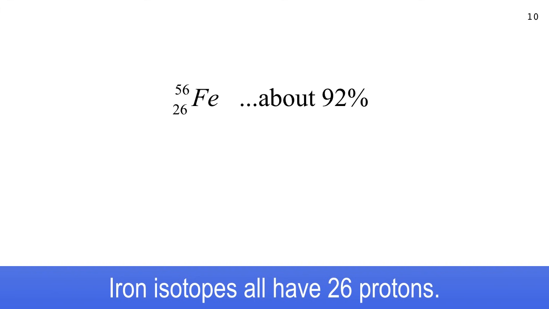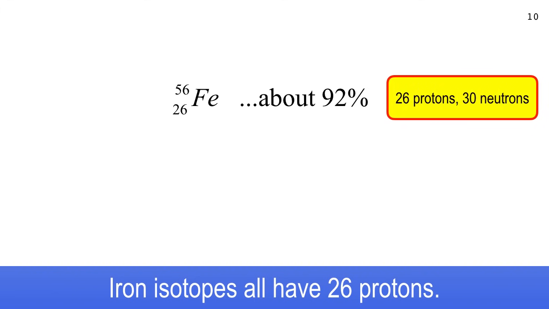So what this symbol says is that you have 26 protons and 56 total, so that means you've got 30 neutrons in the nucleus for this flavor of iron. And this is about 92% of all the naturally occurring iron on our planet. If you go to some other planet, some other star system, you might have different abundances, but here on good old terra firma, it's about 92%.